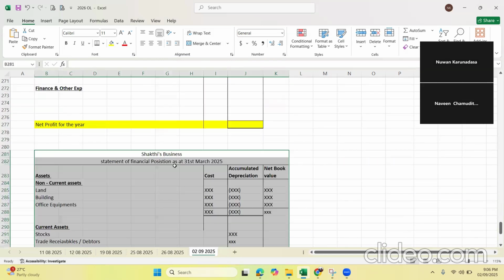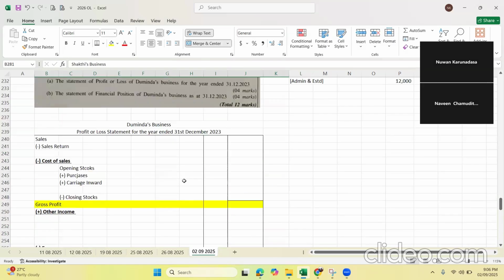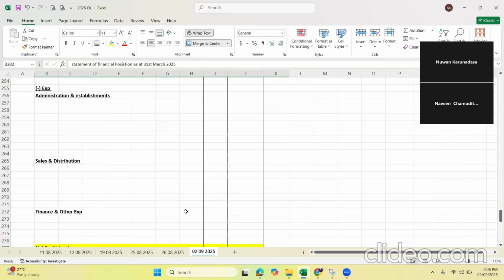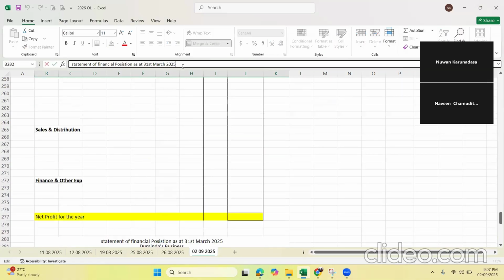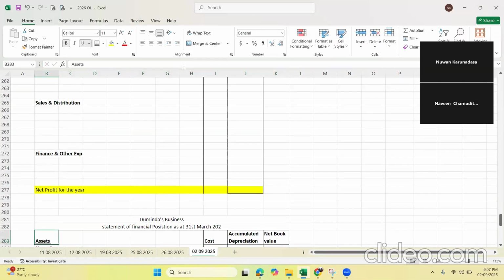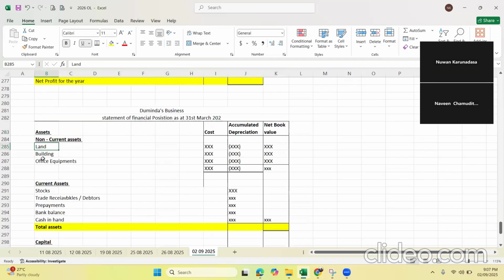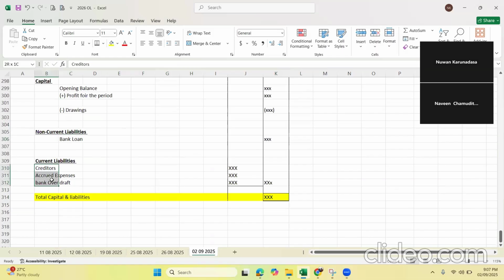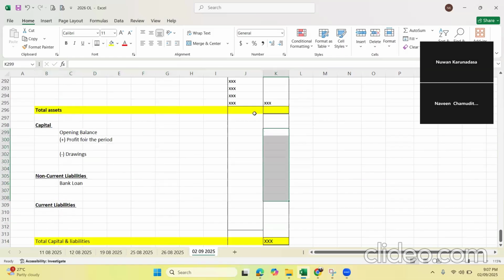Statement of financial position, the name of the business. Here you must take all the assets, then non-current assets, then the liabilities. I'll be clearing all this.